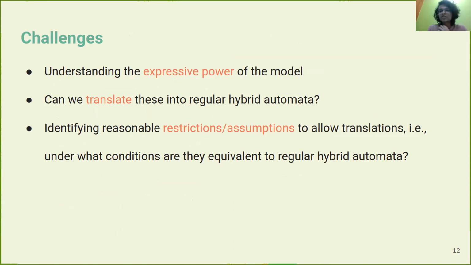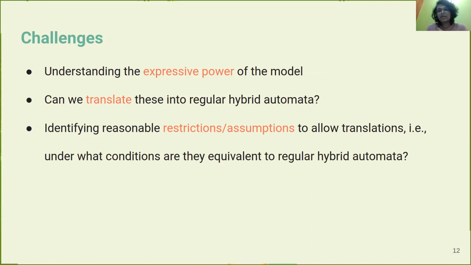Now, the next challenge after we finished defining the semantics of a lazy hybrid automaton was to understand the expressive power of the model. In particular, we were trying to see if there was some way to capture these additional behaviors within a regular hybrid automaton.